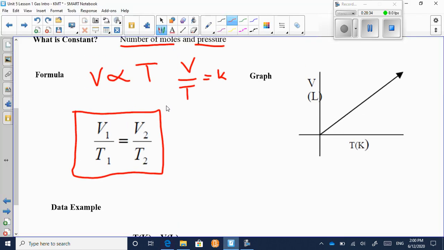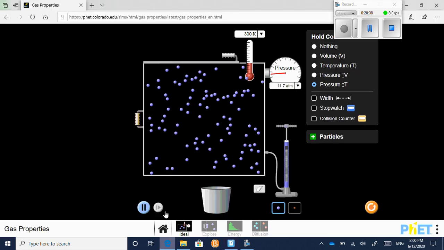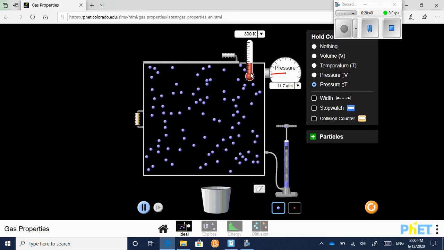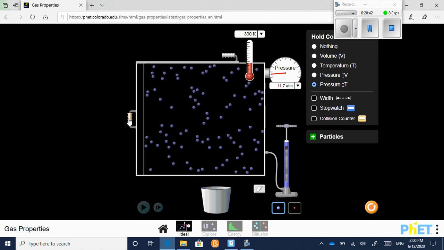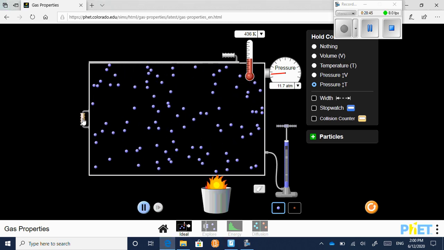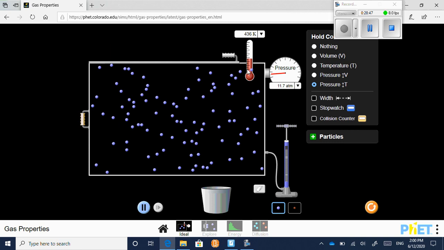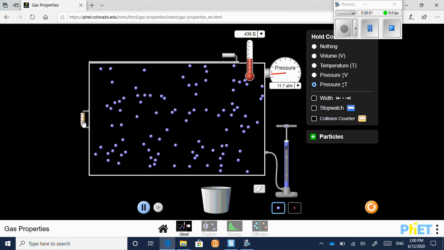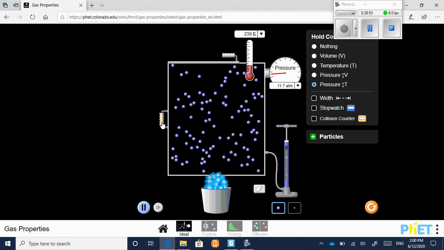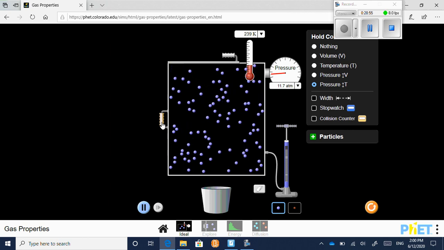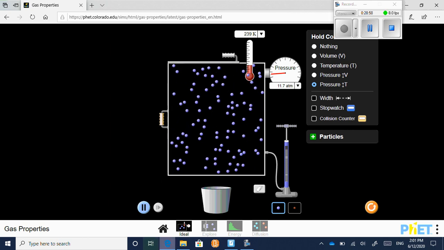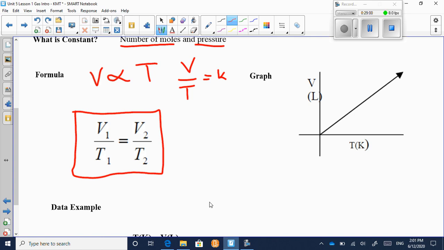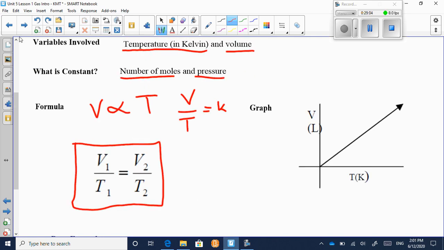We're saying that volume and temperature will both go up. So here we go. As I increase the volume, keep your eye on the temperature, the temperature increases. And as I decrease the volume, the temperature decreases. Okay? So they both go up at the same rate. Okay, so that's my second gas law.